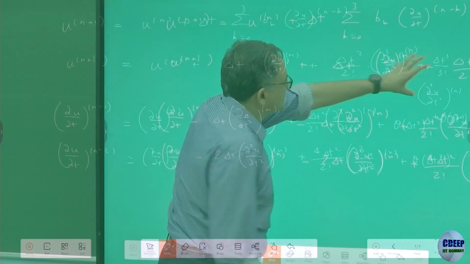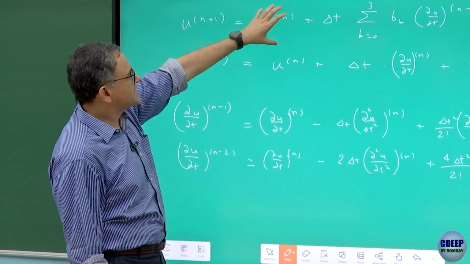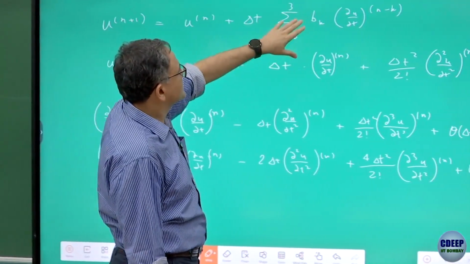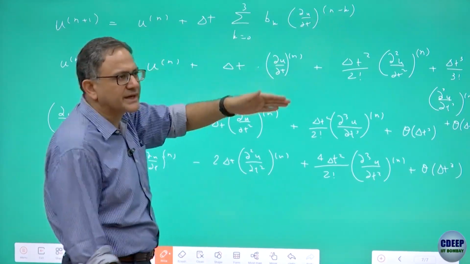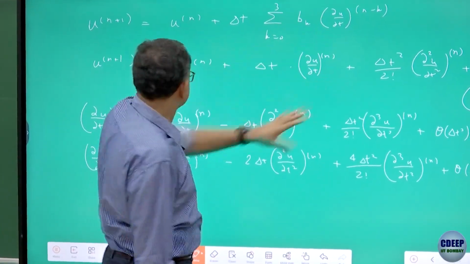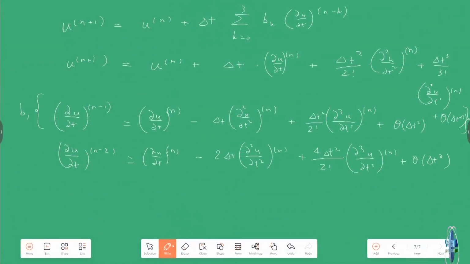So then again you will bring everything together. You will write this expansion of u^(n+1) in terms of these. u^n is as it is, and then delta t summation this time. So b0 into del u del t will not change because that's at the current instant, but then b1 times this quantity, b2 times this, and similarly, these are all pluses, plus b3 times the del u del t at n minus 3.